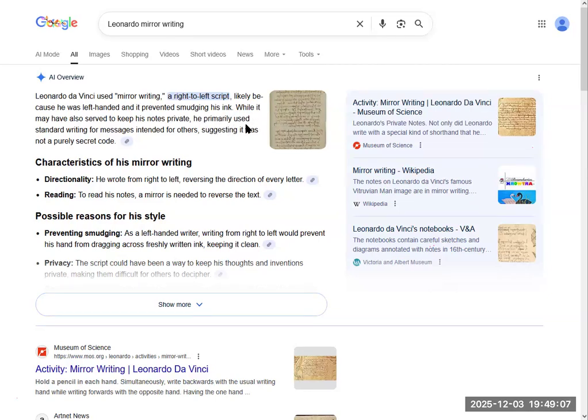He primarily used standard writing for messages intended for others, suggesting it was not purely a secret code. That's interesting. So not purely a secret code, but it also stopped him smudging his writing because the ink would, back in those days, stay wet for quite a long time. That's interesting.